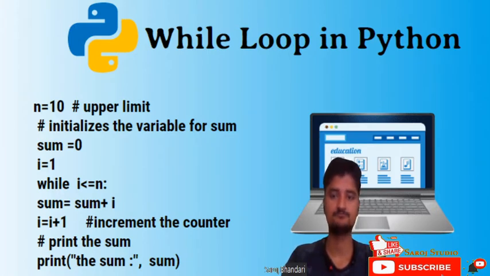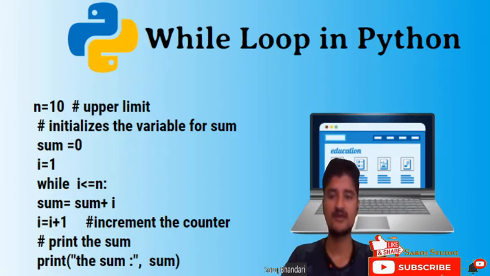At first we assign the value of sum to 0, and then i is assigned 1, and we use a while loop: while i is less than or equal to n, and then a colon. The condition is i less than or equal to n, and then we use a colon. This is the general syntax of a while loop.